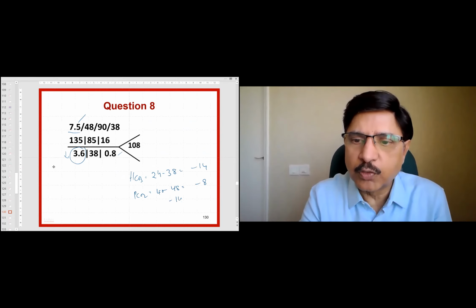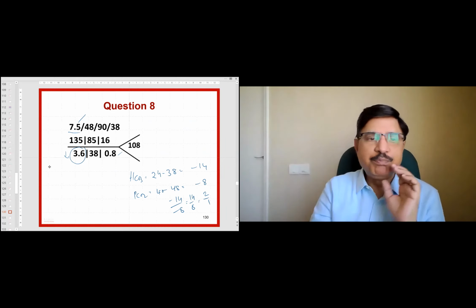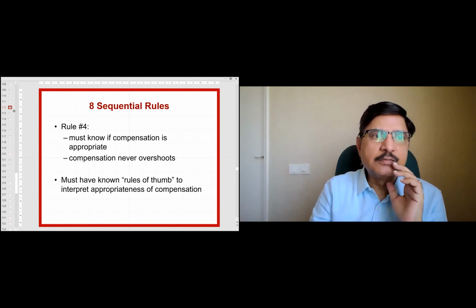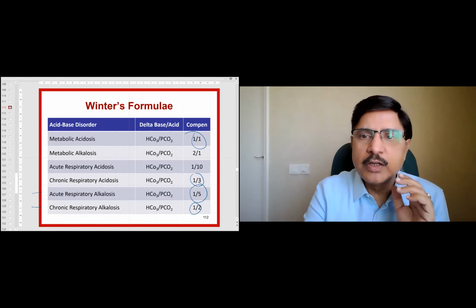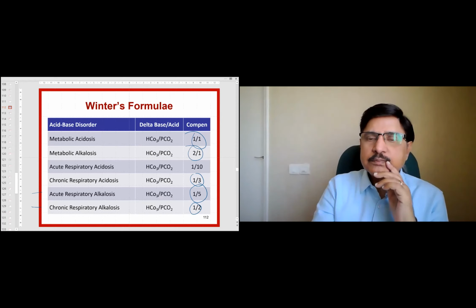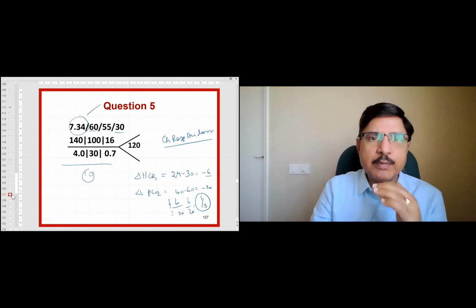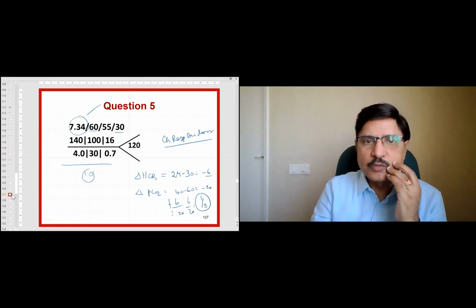So minus 14 over minus 8 is roughly 2 over 1. Let us see the chart: 2 over 1 is metabolic alkalosis, compensated. That is how you use it; you keep shuffling between the Winter's chart and the NAGMA, AGMA and all that.